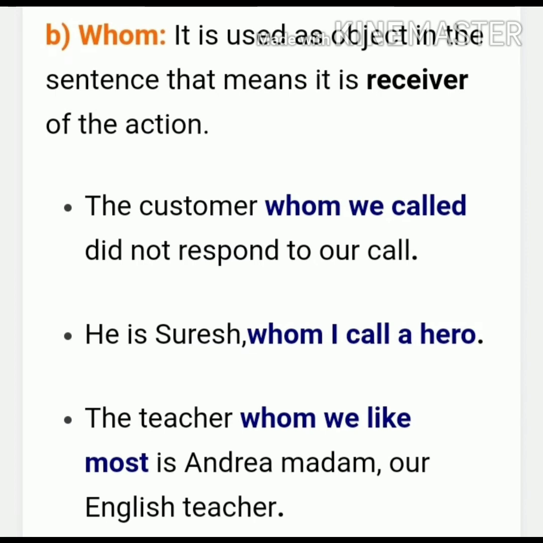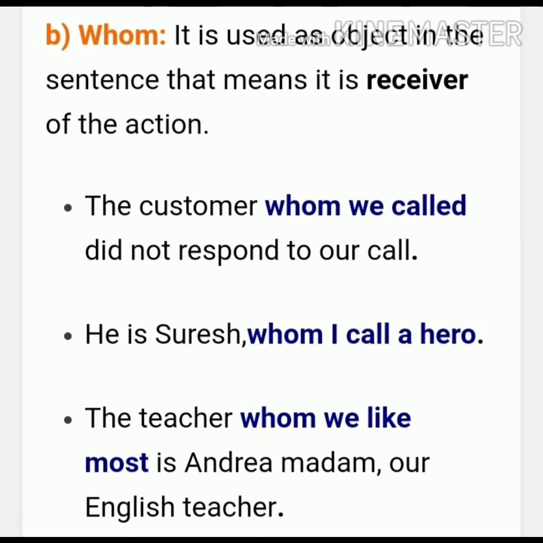As in the above sentence, the customer in that particular clause didn't perform the action. He didn't call anyone, rather we called him. He was called by us. So in that particular part, the customer is the object. If we look at the whole sentence, the customer is the subject. But in that particular part where the relative pronoun is used, the customer is the object.